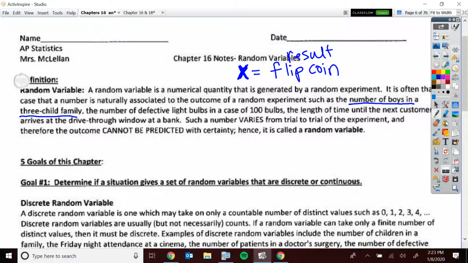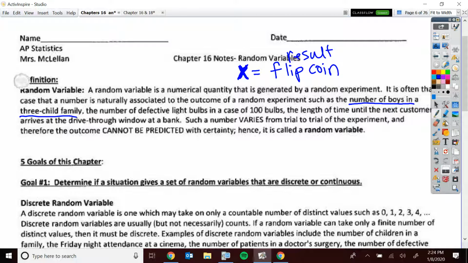You could also have 0. Yeah. So when I look at a family of 3 children, do I know how many boys there are in that family? I do not. It's random and it varies from family to family. Hence, they are random variables, different from family to family.